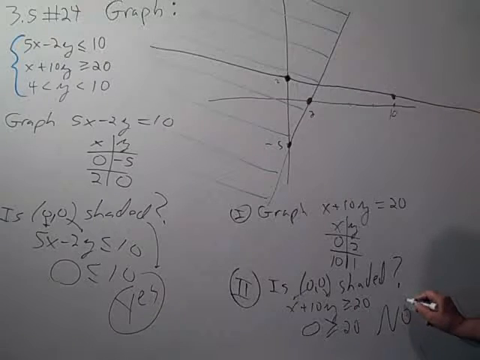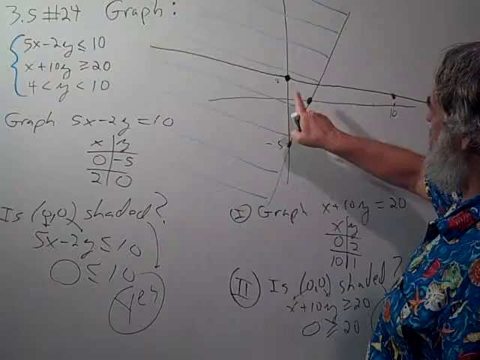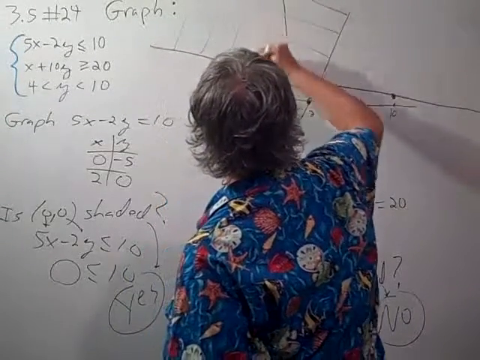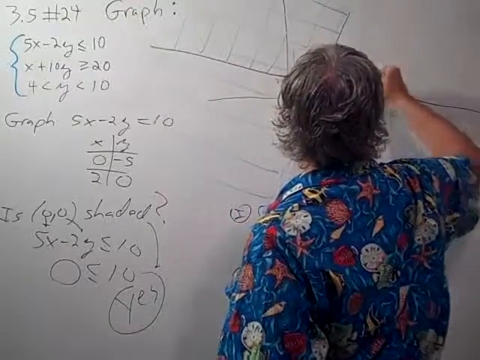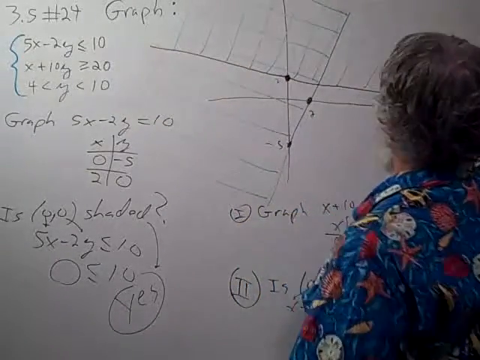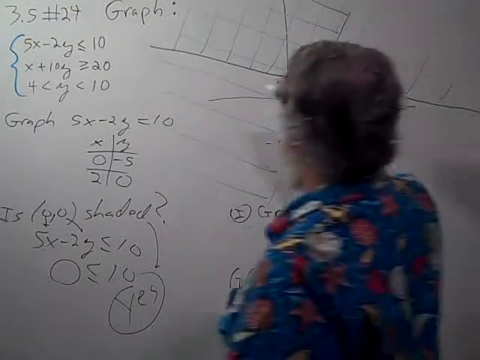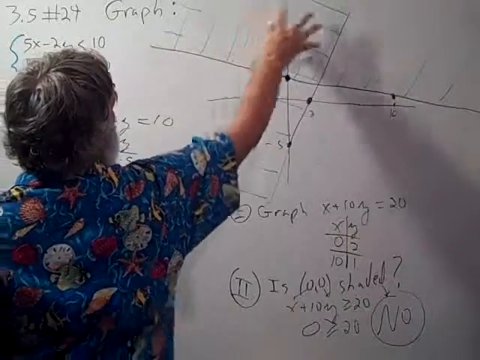So that's no. So the answer to our question is no, it's not on the origin side, it's on the other side of that line, the upper side of that line. So there's the origin, it's the opposite side, so that's the upper side of this line that's shaded. Everything up there. And we're only interested in the overlap with the previous line. So the region we're interested in is somewhere up here.